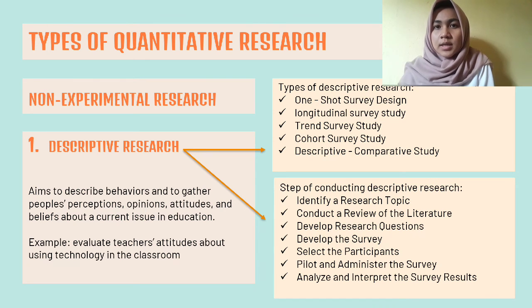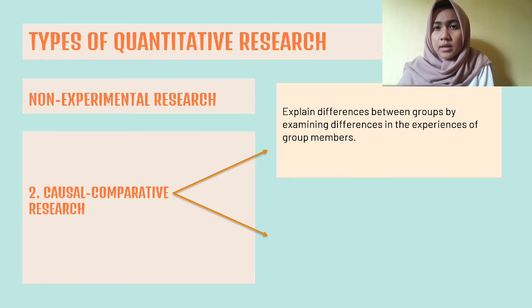The next one is causal comparative research. It's a research approach that seeks to explain differences between groups by examining differences in the experiences of group members. It examines the effects of an independent variable on a dependent variable while also trying to control extraneous variables.